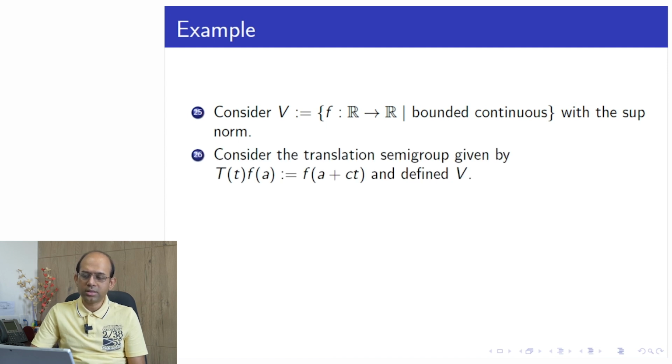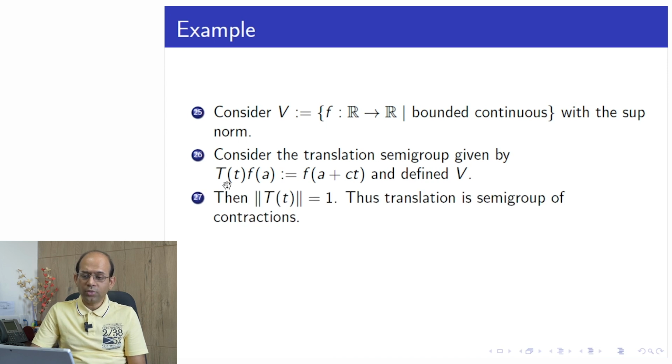Consider the translation semigroup given by T(t) f of a defined as f of a plus c times t. We have already seen the definition. This is defined on V.